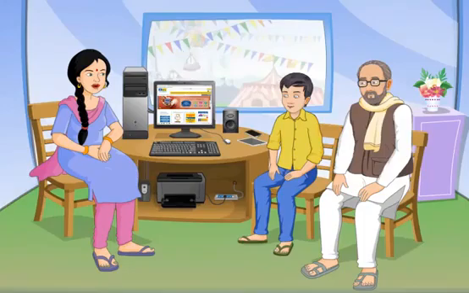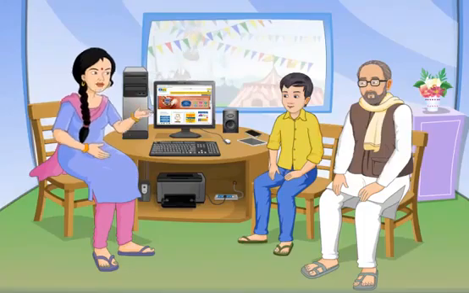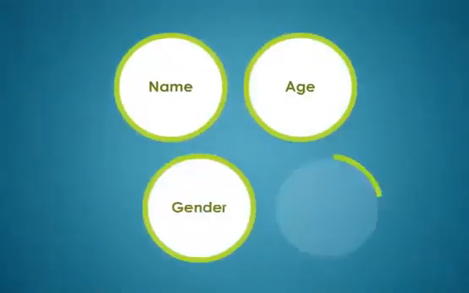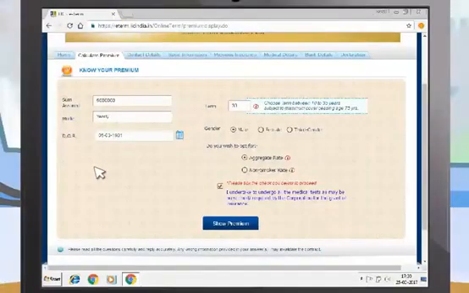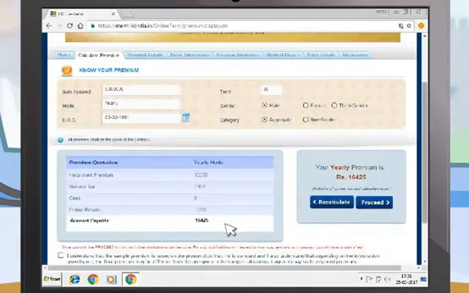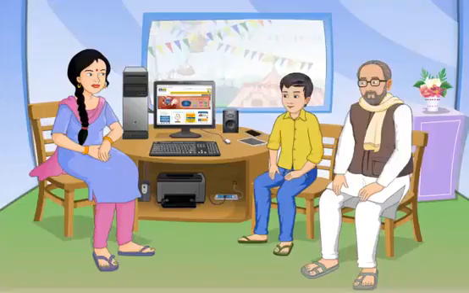Step 4. Then enter basic details such as name, age, gender, qualification, etc. in this form. Step 5. After that, a premium calculator will calculate the premium for the chosen parameters. The premium will depend on the age, gender, term, sum assured, health and tobacco usage.